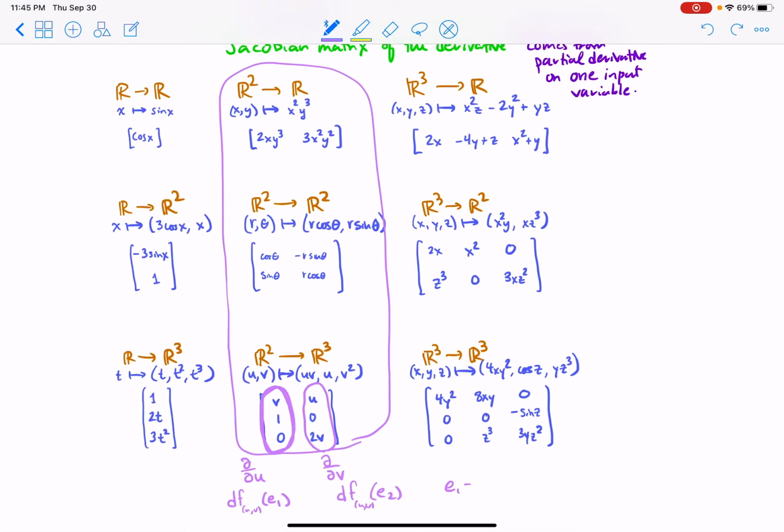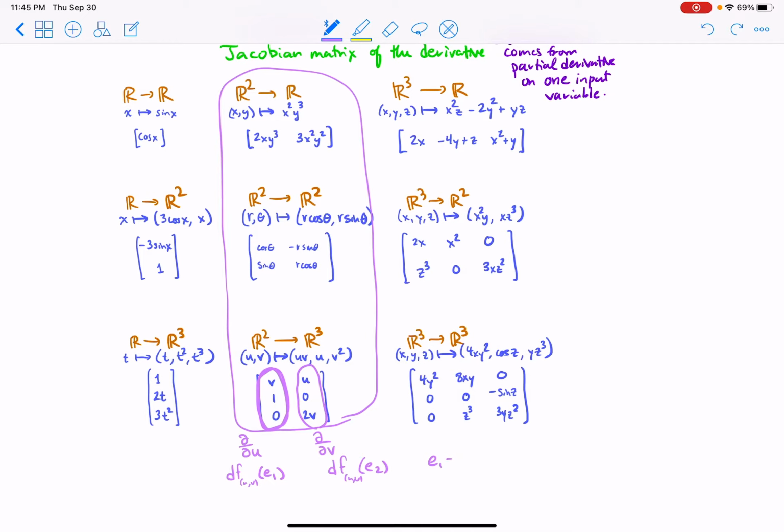So now think about, can you see how this comes from partial r? Think about that. And when we have R2 to R, this one comes from partial x.